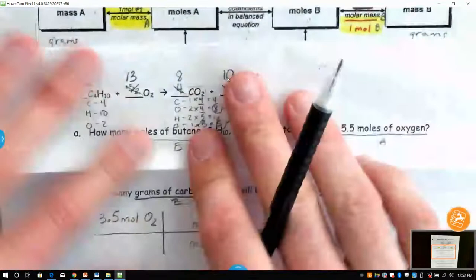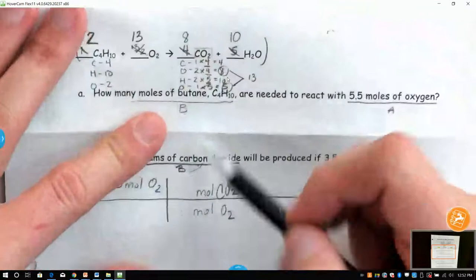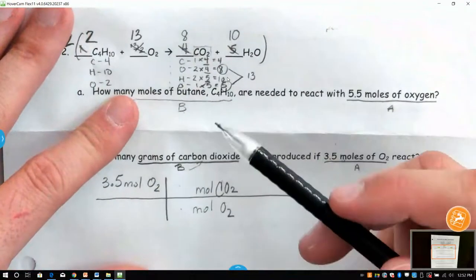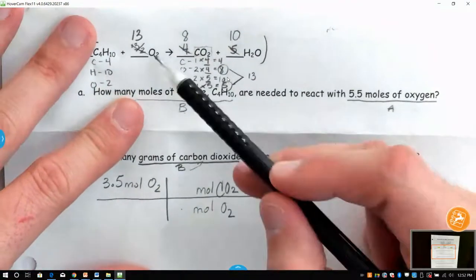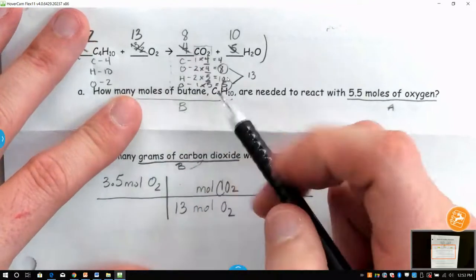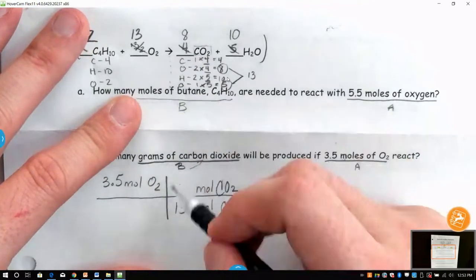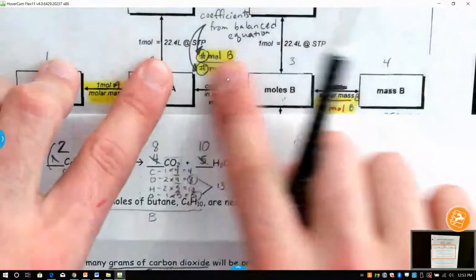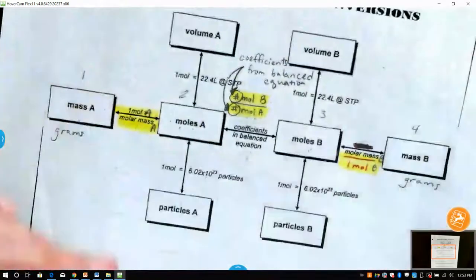What is the coefficient in front of the CO2? O2 would be 13, and the CO2 would be 8. So that was our first conversion.